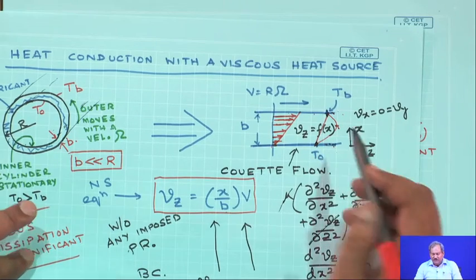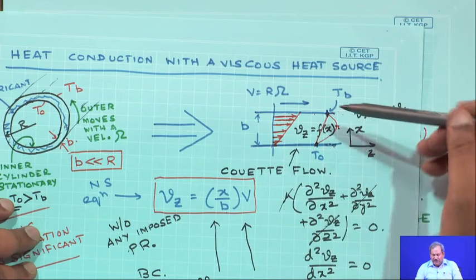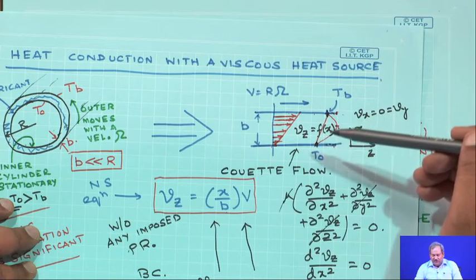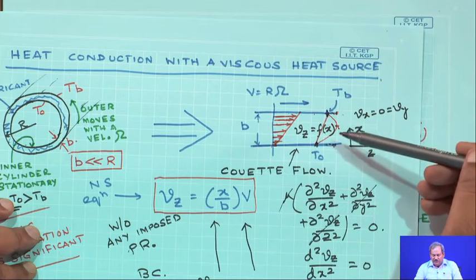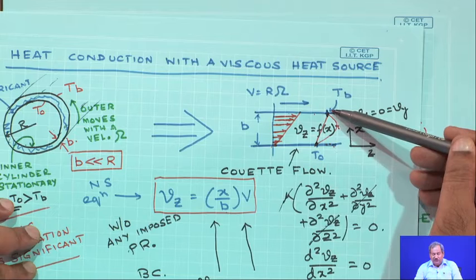Why is this the interesting result? Because you have chosen your lubricant based on Tb, the maximum temperature that you think is present in the system, which is the temperature of one of the plates. But due to viscous heat generation, there is a point where the temperature exceeds that of Tb.